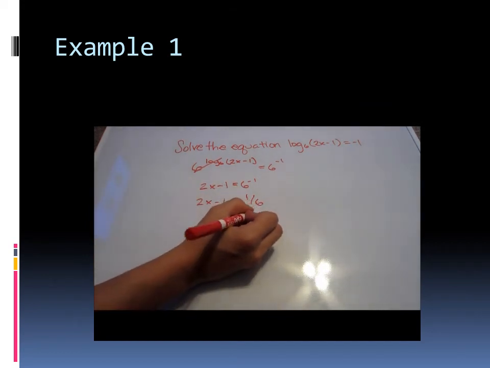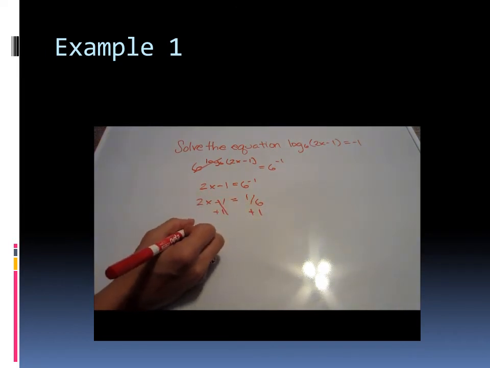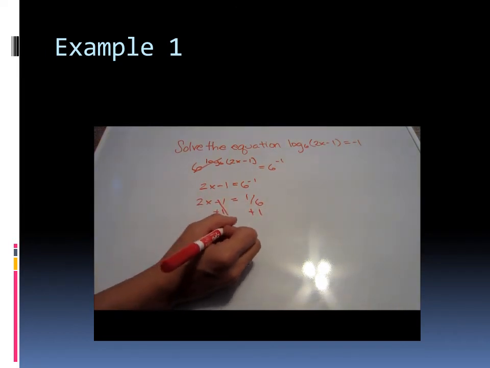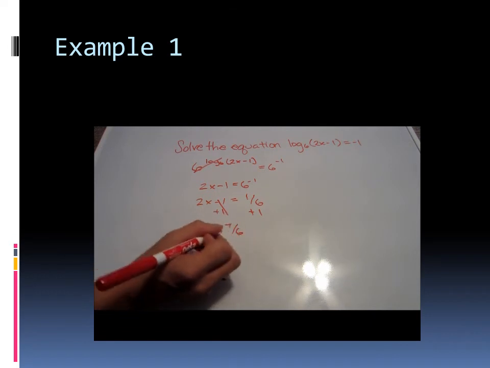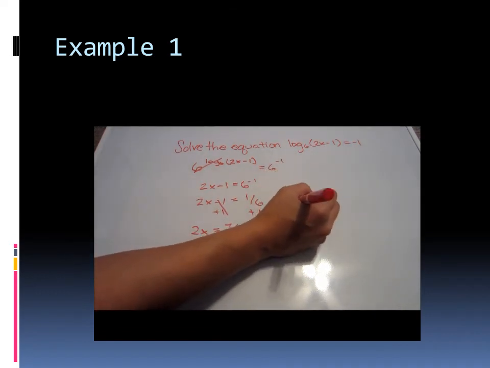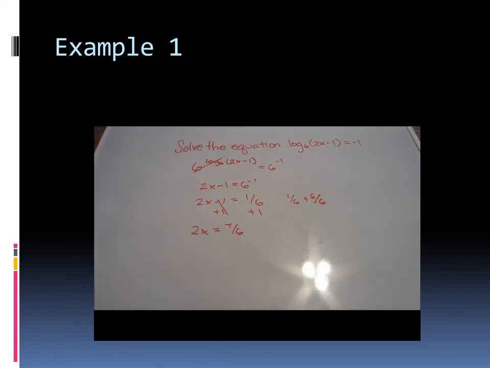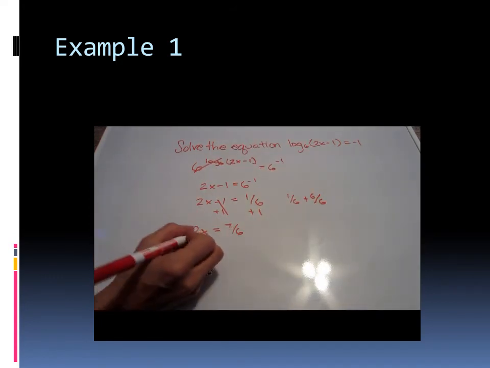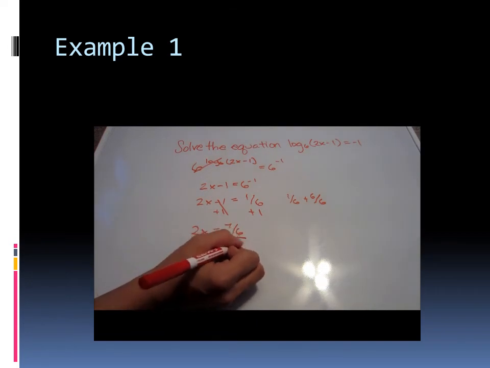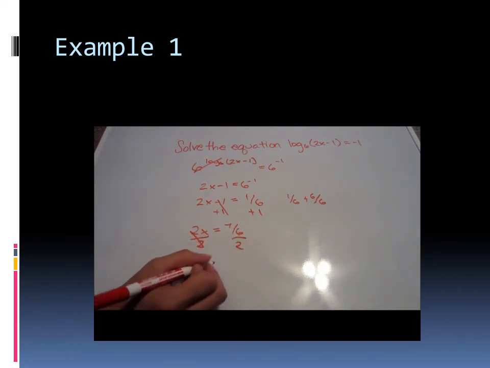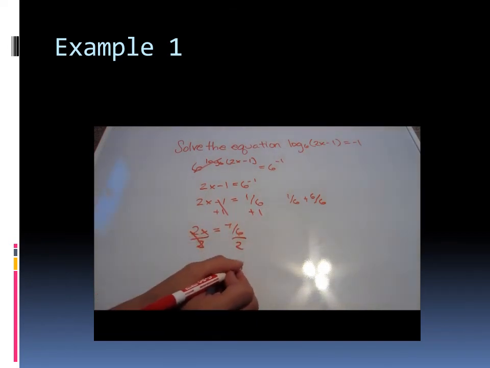We add 1 to both sides, which gives us 2x equal to 7/6. I get 7/6 from 1/6 plus 6/6, which is the same as 1, which gives me 7/6. Last thing we do is divide both sides by 2, where we get x equals 7/12.